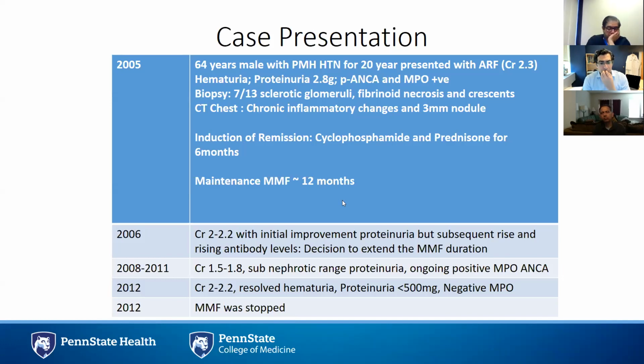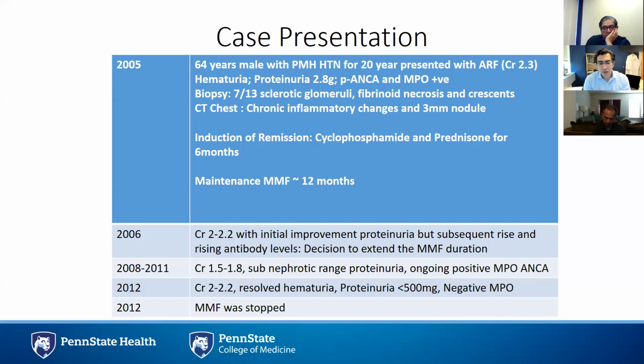Moving forward a year later in 2006, his creatinine came down slightly, proteinuria improved, and it went on and off, and the MMF was actually continued beyond 2 years.